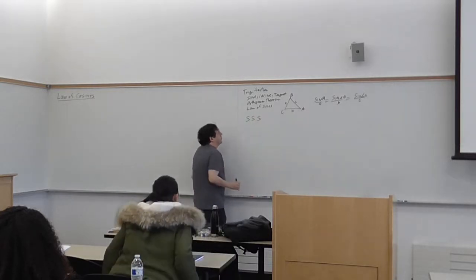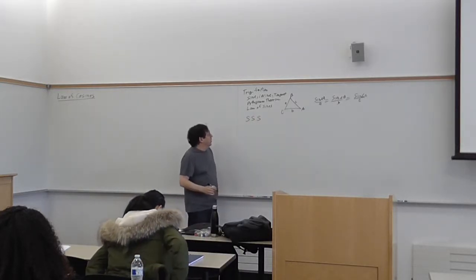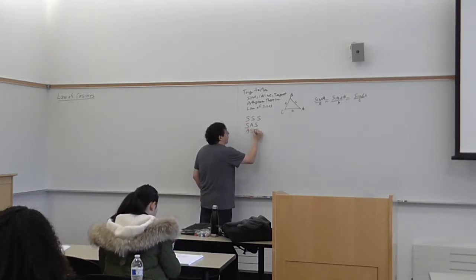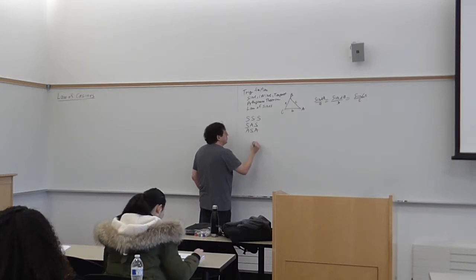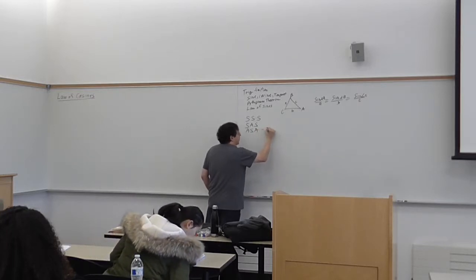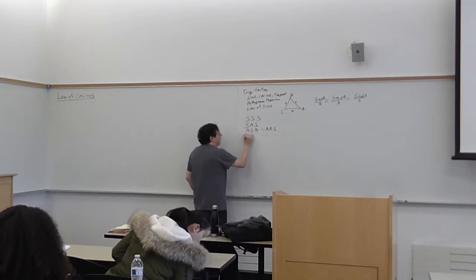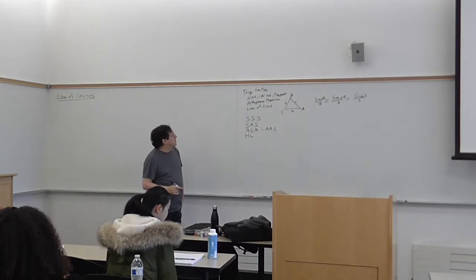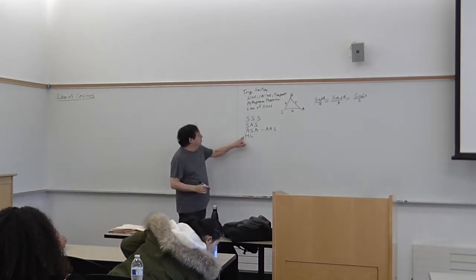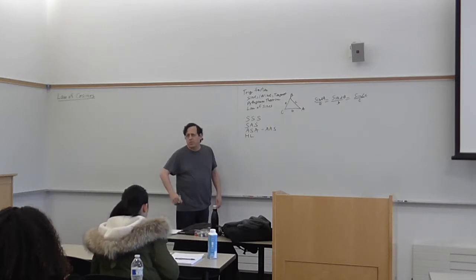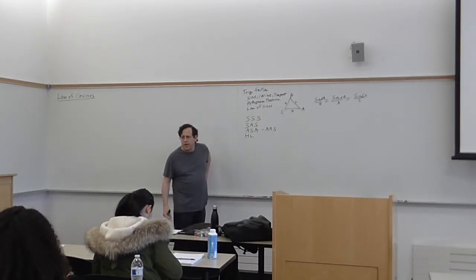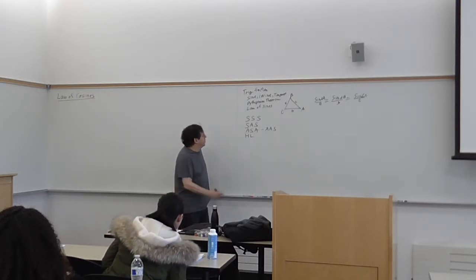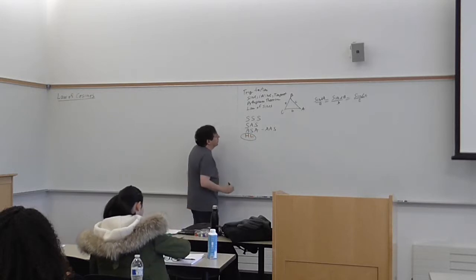There's SSS, side-side-side, SAS, side-angle-side, and ASA, which is pretty much the same as AAS and hypotenuse-leg. Hypotenuse-leg is pretty much taken care of with our trig functions and the Pythagorean theorem, since that refers to a right triangle. So we're kind of done with this.